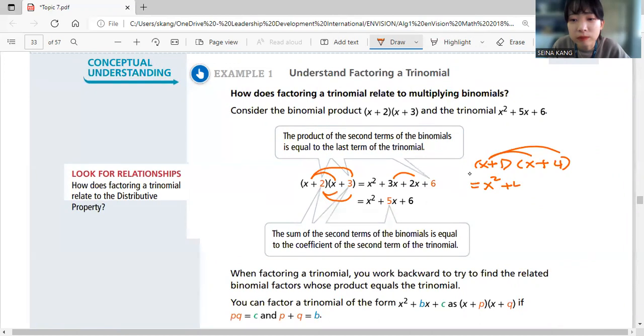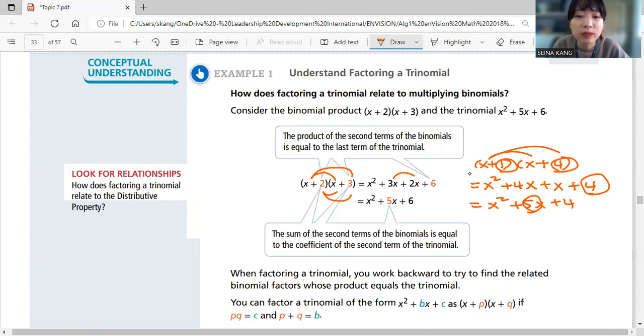X squared plus 4x plus x plus 4 is equal to x squared plus 5x plus 4, okay? And compare the numbers, 1 and 4. If you multiply them, you get 4 here. If you add them, you get 5 here. Do you see that? And that pattern continues.